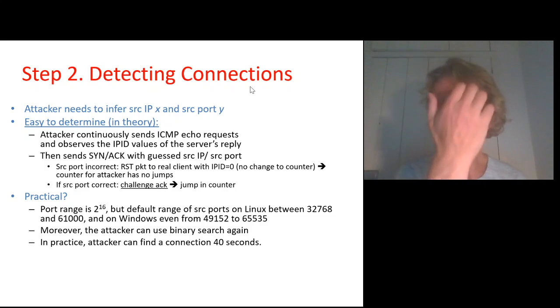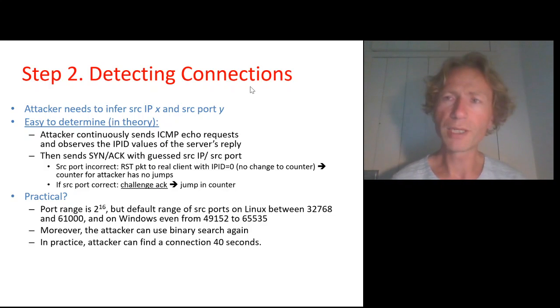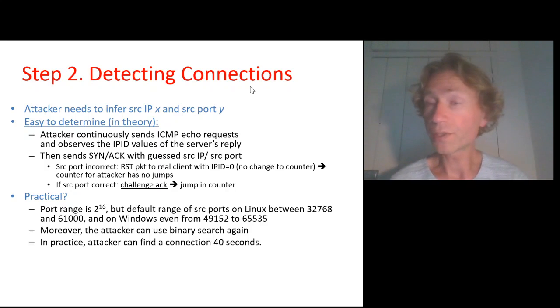The port range is reasonably large. In the theoretical case, it should be 2 to the power 16, but by default, the range of source ports on Linux is much smaller than that. It's between 32,768 and 61,000, and on Windows, it's even smaller than that. And here, just like in what we saw earlier, the attacker can use binary search again.